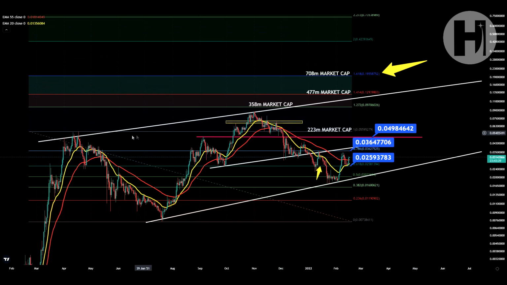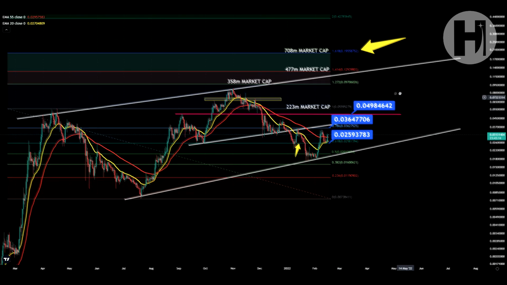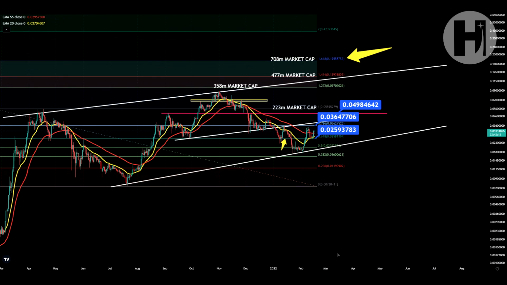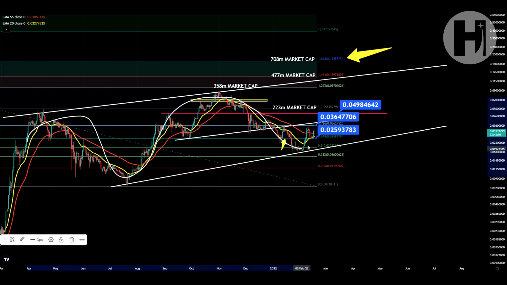But usually, once you break through the first fib level, you are usually getting to the 1.618 sooner or later. Here you can see we didn't manage to break through the 1.272, but on the grand scheme of things, you do see that we are in this channel up pattern. So we're constantly creating higher lows and higher highs.